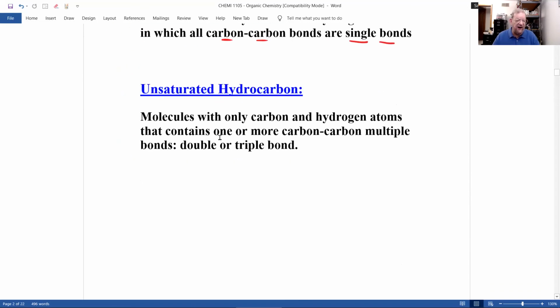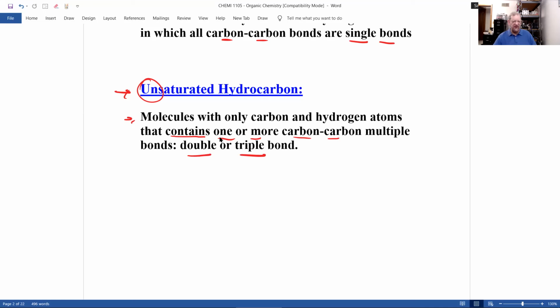Now, the other type of hydrocarbon is unsaturated. An unsaturated hydrocarbon is a hydrocarbon, so it's a molecule that has only carbon and hydrogen atoms, but now it contains, and this is important, one or more carbon-carbon multiple bonds, by which we mean a double bond or a triple bond.